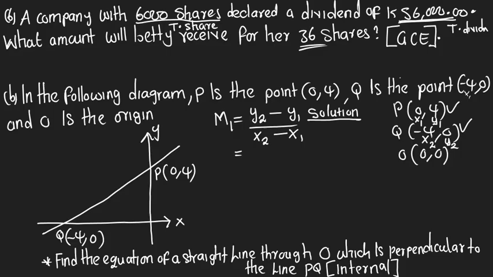Now, what is y2? I want you to be telling me the numbers together with the signs. y2 is 0. 0 minus, what is y1?